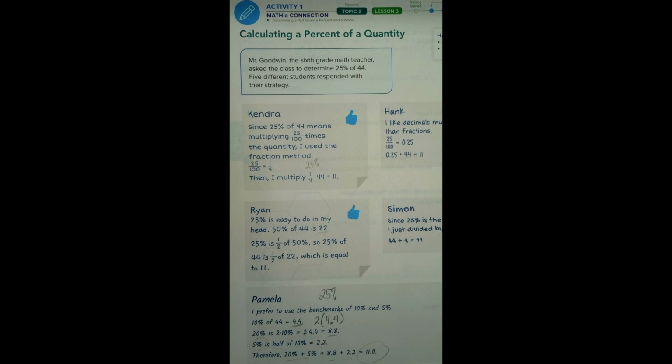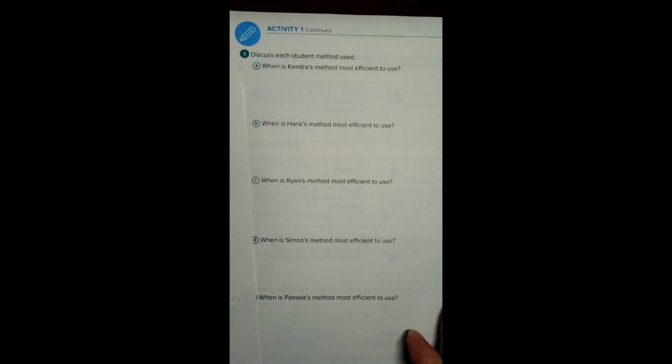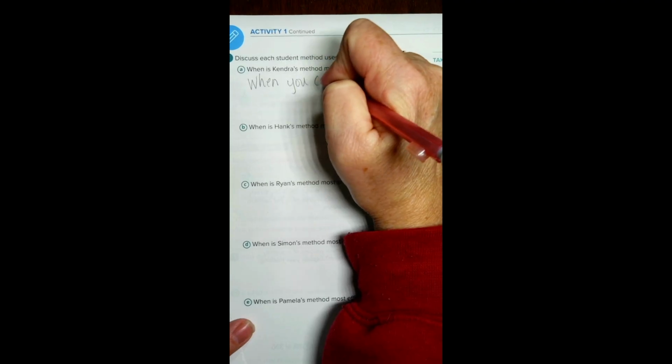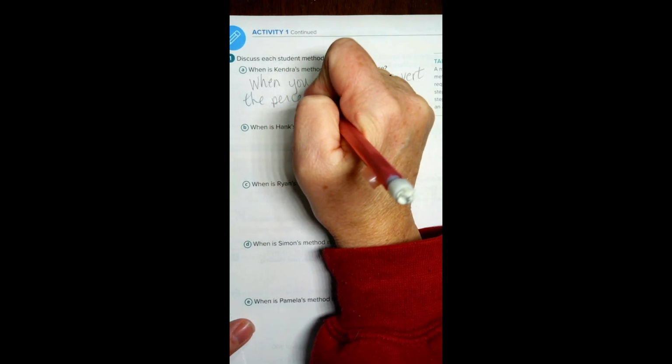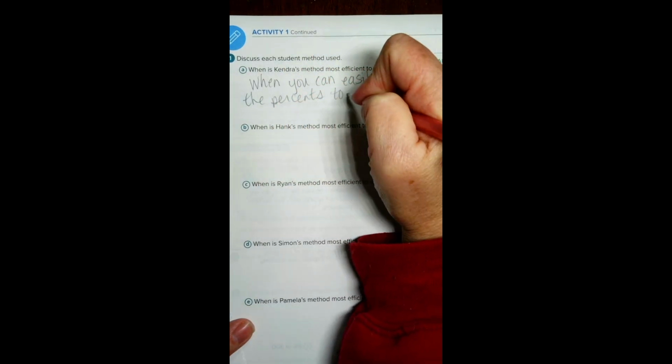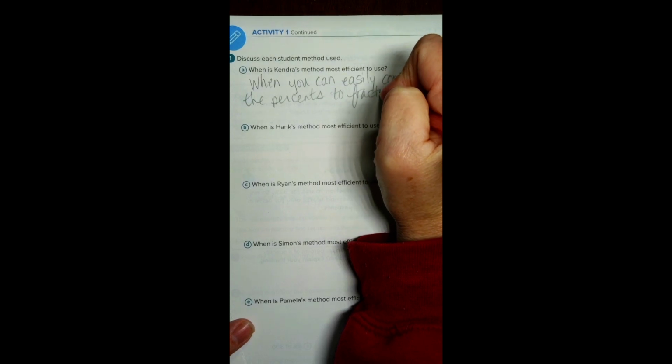So we can say for hers, when you can easily convert the percents to fractions.